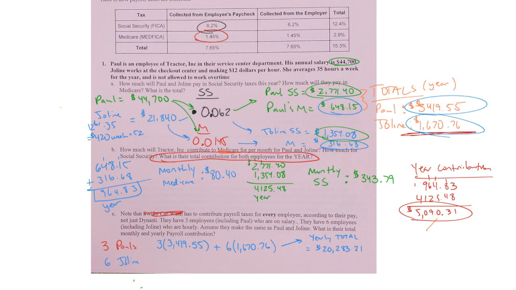Now, to get the monthly total, I'm going to divide that by 12. So monthly I get $1,690.27. So yearly total.